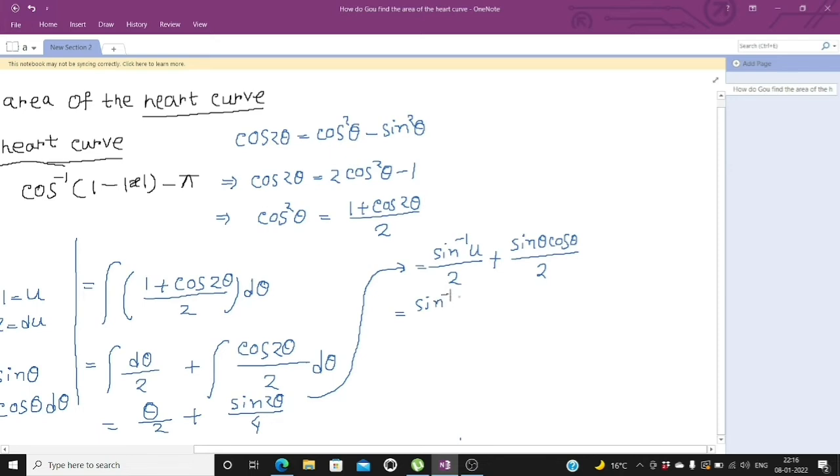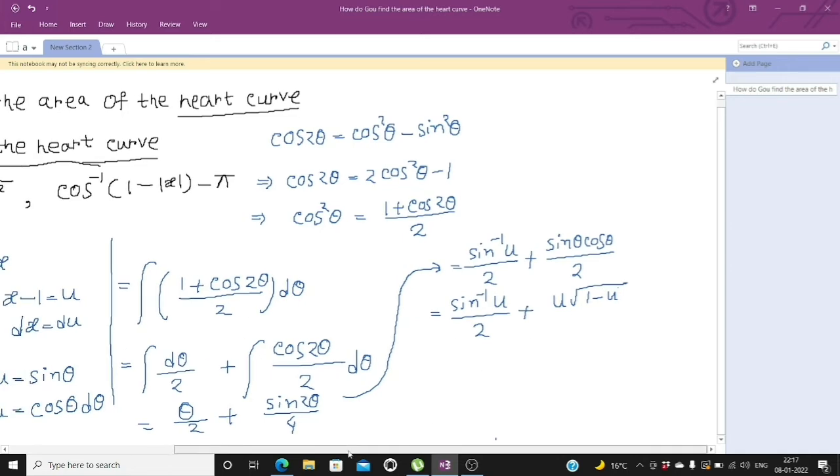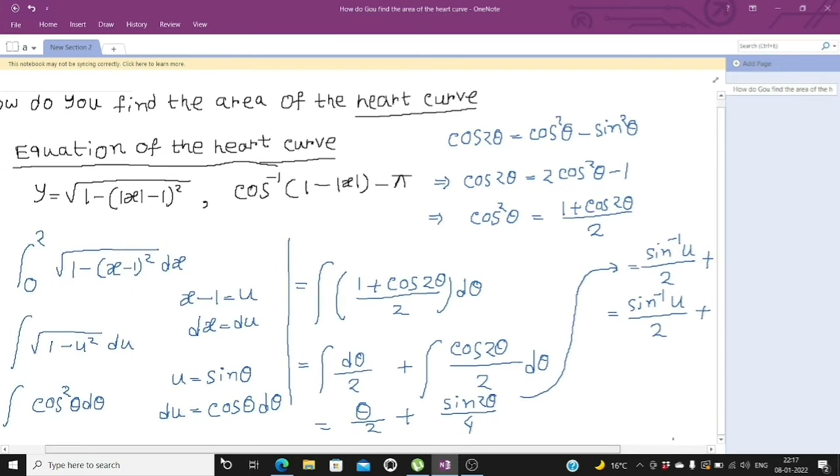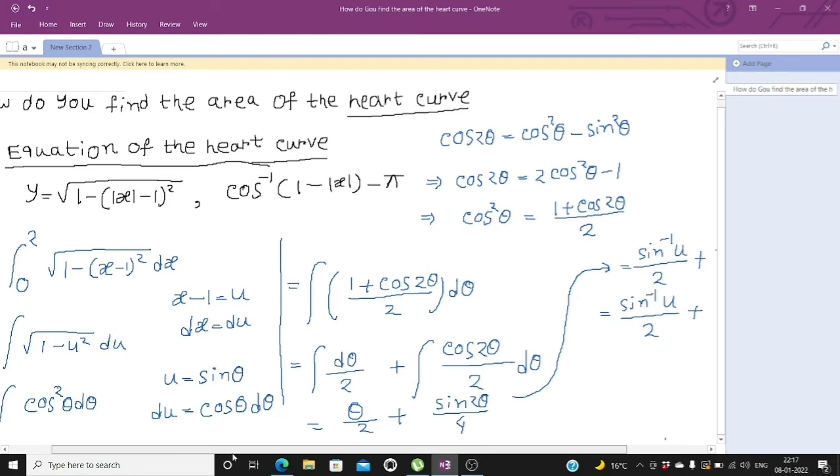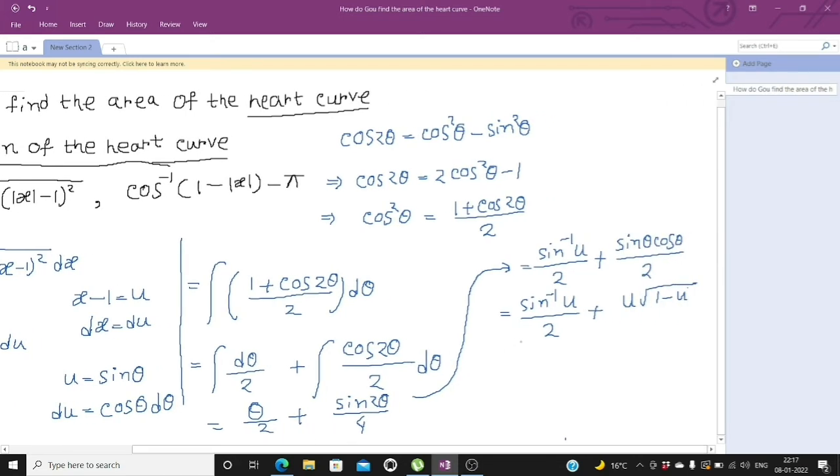So sine inverse u stays there. Sine theta is u and cos theta is root under 1 minus u square, right? Am I right or am I wrong? Let's check: u equals sine theta, so cos theta is root under 1 minus u square.